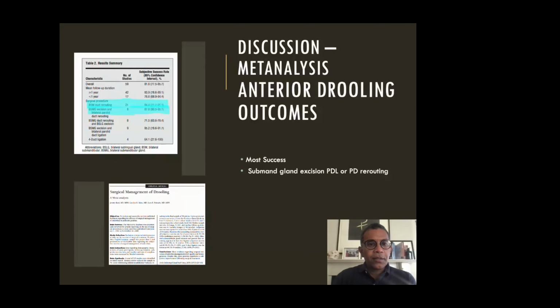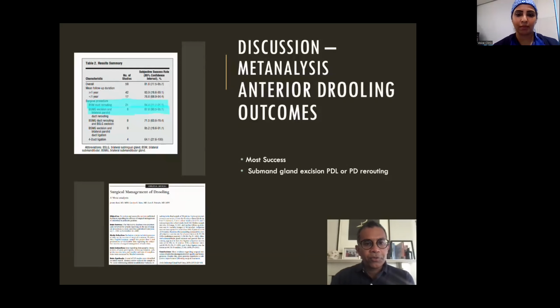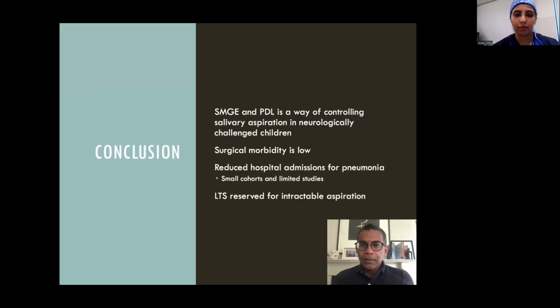This study, a meta-analysis on anterior rather than posterior drooling outcomes, showed that the most successful procedure for reducing anterior drooling was submandibular gland excision and parotid duct ligation or parotid duct rerouting. Submandibular gland excision and parotid duct ligation is a method to reduce chronic salivary aspiration.